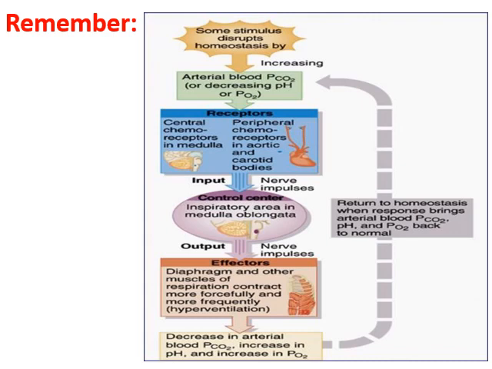The respiratory center will send the order to the effector organs, the diaphragm and the respiratory muscles, leading to hyperventilation in an attempt to decrease the partial pressure of carbon dioxide and the hydrogen ion concentration, and to increase the partial pressure of oxygen, thus returning homeostasis back to normal.